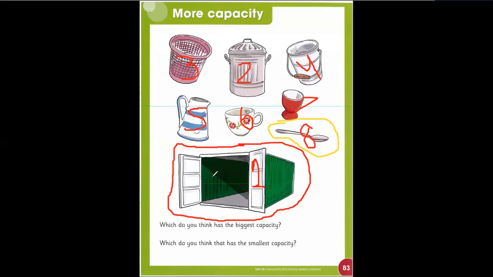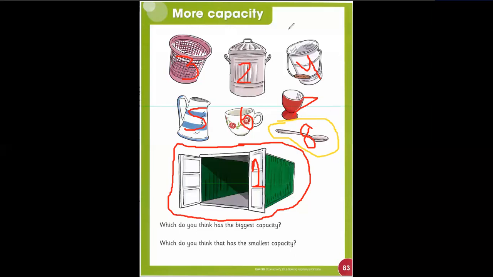Between these two, one and two, which has less capacity? The spoon has the least capacity in these containers. In the spoon, we can put only some drops.